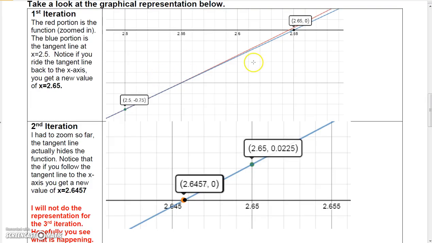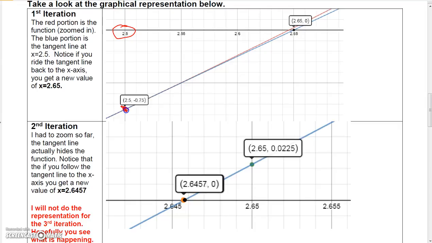So graphically, it looks like this. The blue line is actually the actual function, and the red line is going to be the tangent line. So remember, what I did is I tried 2.5 first, and then I found where the tangent line at 2.5 would be right here.